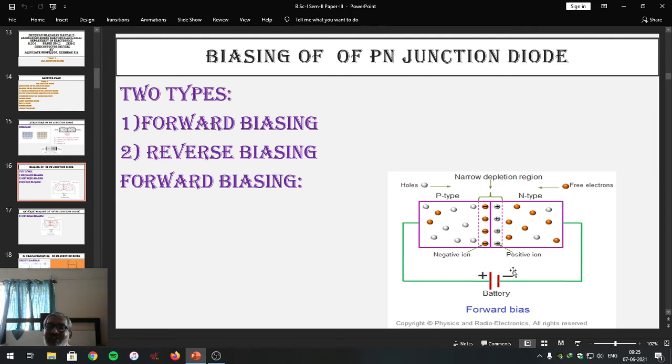The minimum external battery voltage at which the PN junction diode starts conducting current is known as the forward breakover voltage of the PN junction diode.